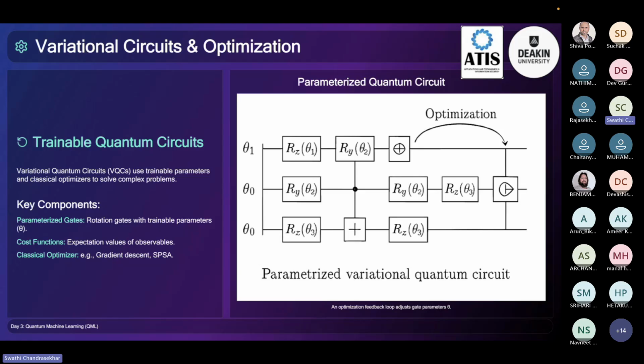Then we have the cost function. A cost function, sometimes called a loss, is a number that tells us how badly the model is currently doing. In a classical problem, the cost might be the fraction of misclassified examples or the cross-entropy loss. In regression, it might be the mean squared error between predicted and true values.